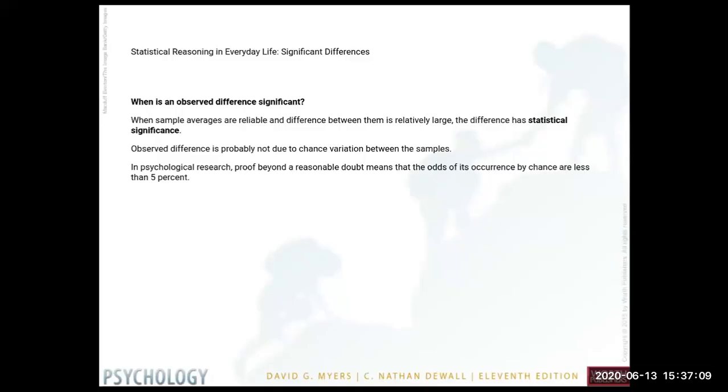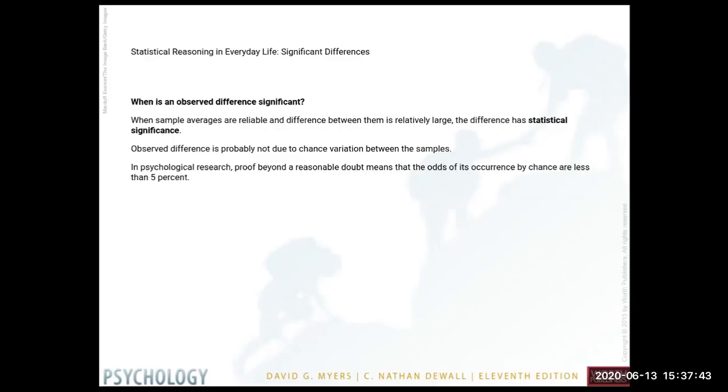If we run the statistics and we find that these differences are statistically significant, it means that we've taken the averages and that they were reliable and the difference between them was large enough for us to say with 95% confidence that the numbers we reached were correct and the numbers were far enough apart to say there was a difference. Those that studied scored significantly higher than those that didn't study. This observed difference is probably not due to some sort of chance variation or random error.